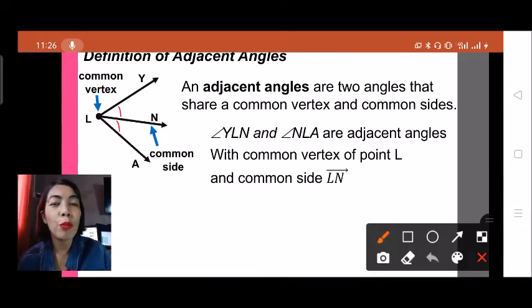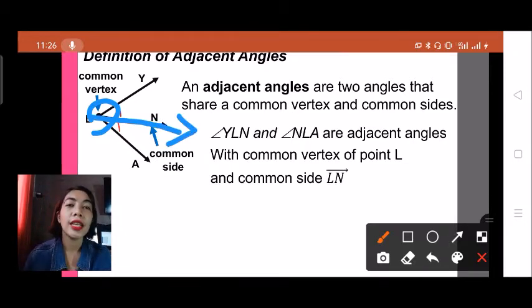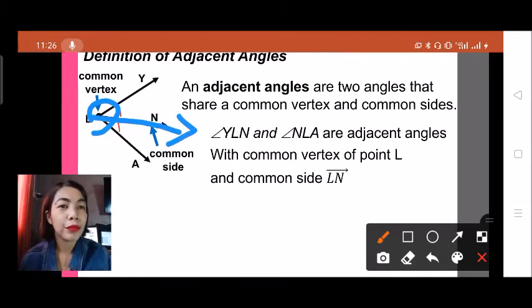Ito yung kanilang common vertex. At ito naman yung kanilang common side. That's why angle YLN and angle NLA are adjacent angles.